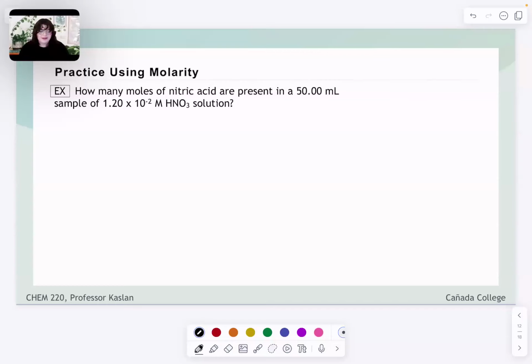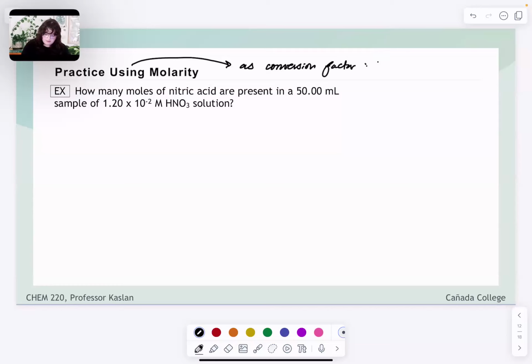All right, hello and welcome back to our conversation about solution concentration, namely molarity. In our last video, we discussed how we can calculate or find the molarity of a solution by determining the moles of solute and making it a proportion to the liters of solution. So what we're going to do now is practice using molarity, and when I say using molarity, I mean as a conversion factor.